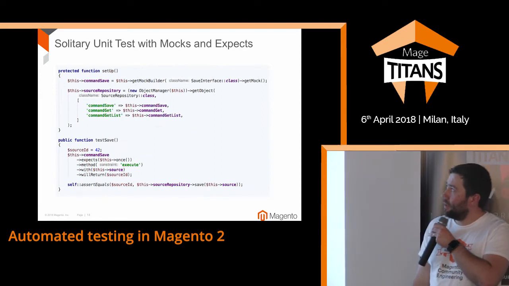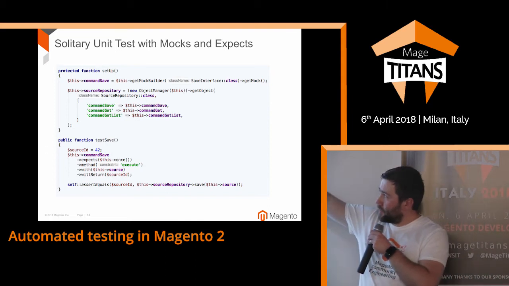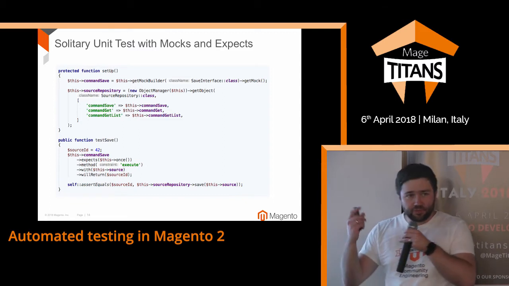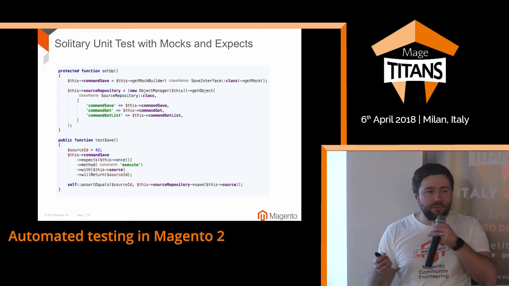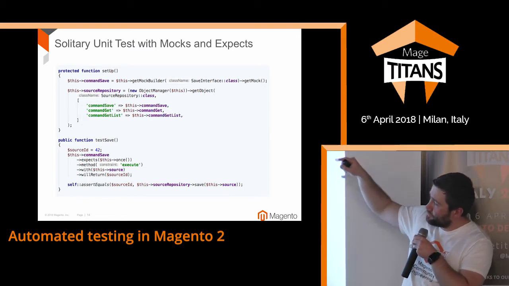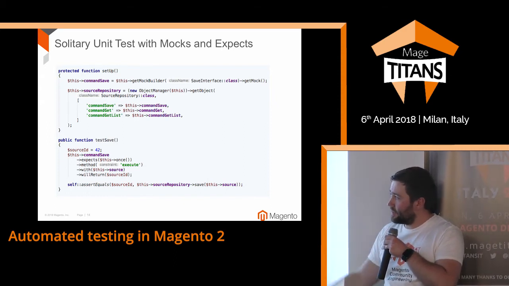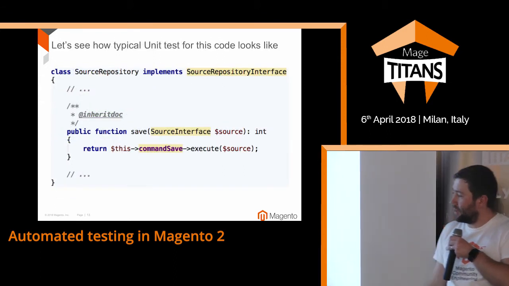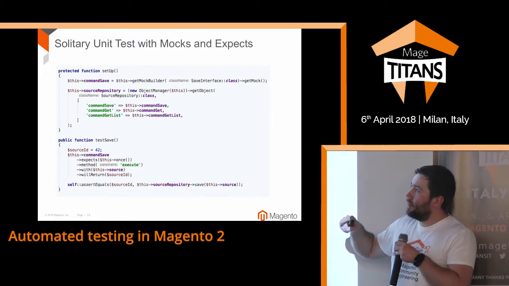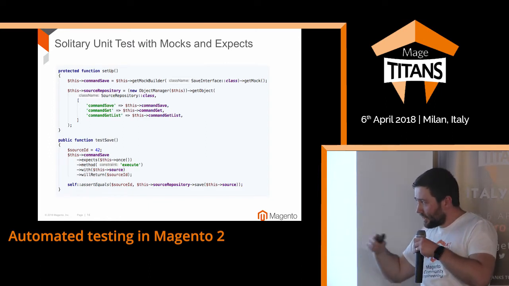And how will the solitary unit test, written in PHPUnit, look? Here we need to make some kind of initialization in the setup. We create the repository object, because the repository is the object under test. We provide all the mocks here as input parameters, and for the command, because we are testing the save operation, and save actually proceeds with persistence, we pre-create a particular mock and apply some checks to this object.